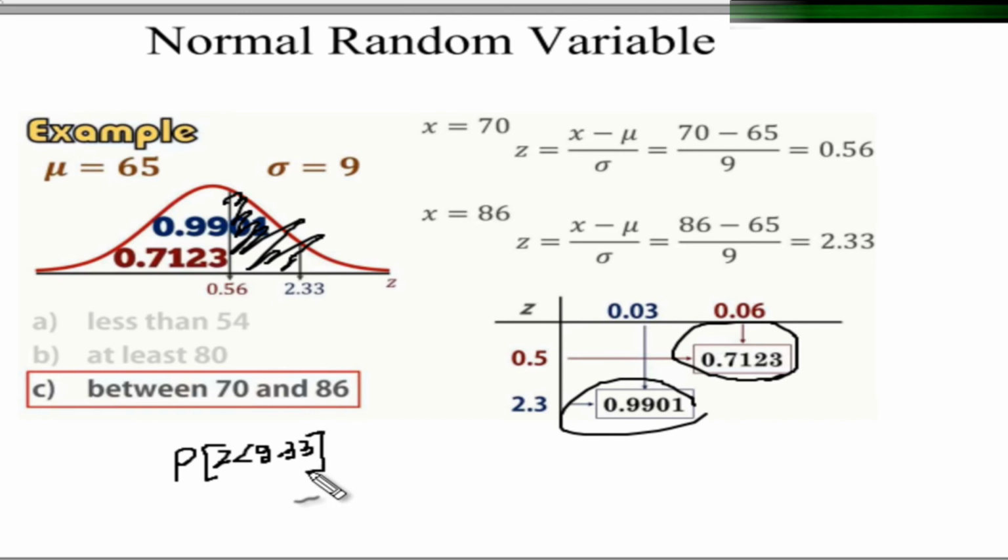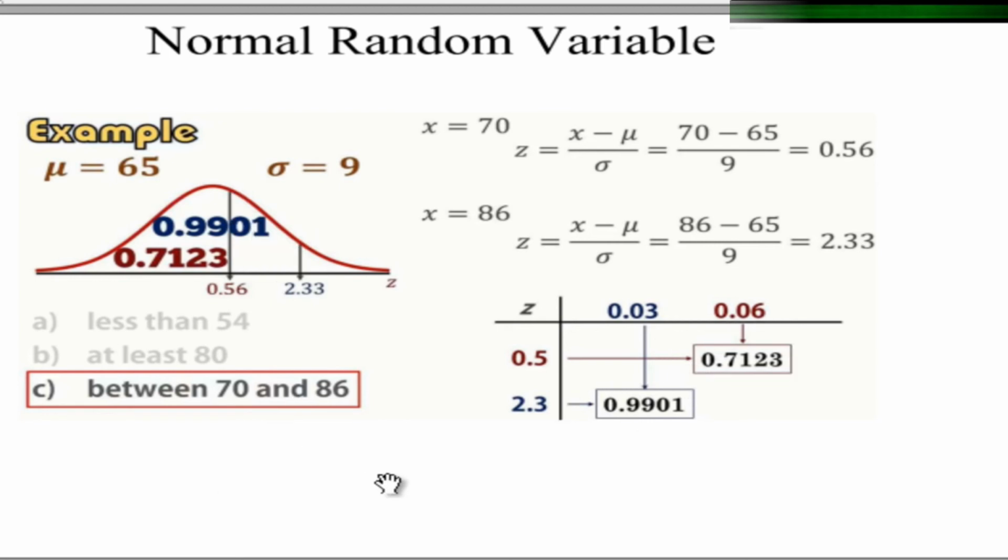You have to subtract the other value from this one, z is less than 0.5. Okay, so you have found this value from the table. You have also found this value from the table. Subtract one value from the other, and it would be the probability that the marks are lying between 70 and 86. Okay, so let's see here.